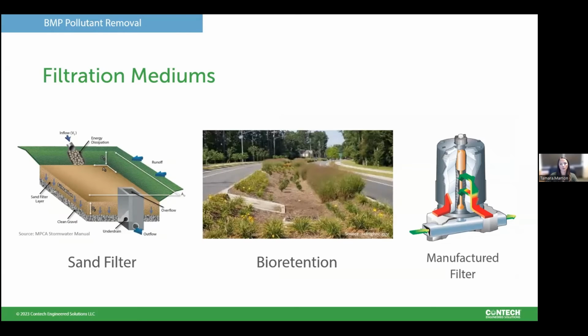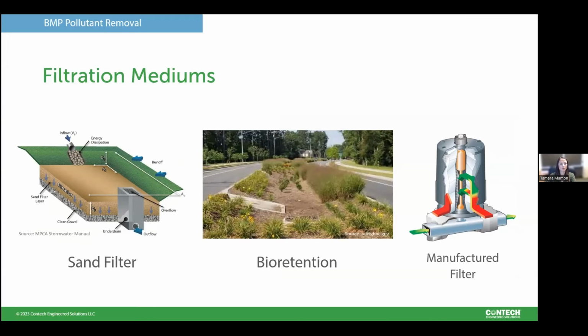Now, another important criteria in addition to sizing is what filtration medium do you want to pursue? Traditionally, or in conventional systems, you may have a sand filter or a bioretention system. These have a sand or a soil-based media. Typically, the engineer of record will specify and design these systems, and then the contractor will source and install them on site.